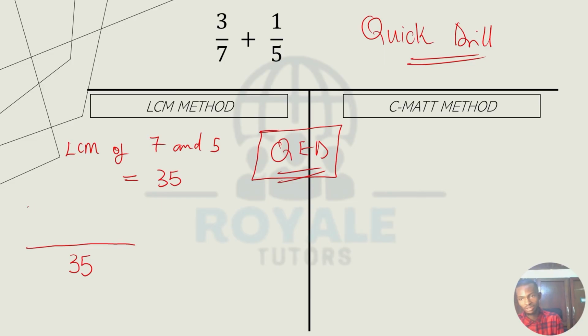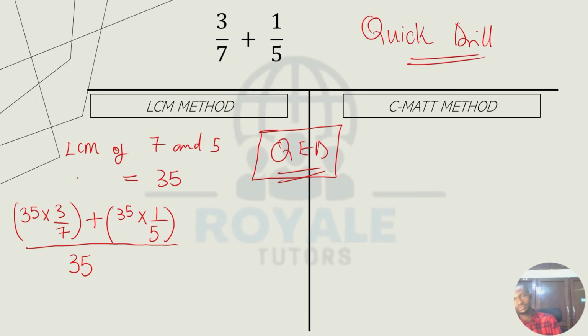Then you multiply each fraction by 35. So, 35 times 3 over 7 plus 35 times 1 over 5. This is all you need. Now, divide 35 by 7, your answer would be 5. 5 times 3 is 15.